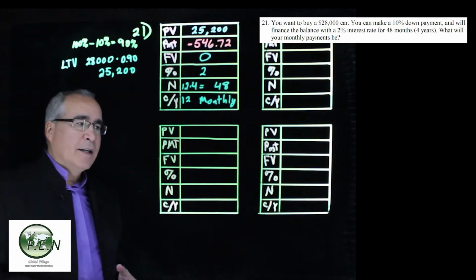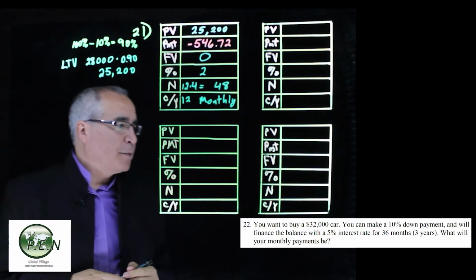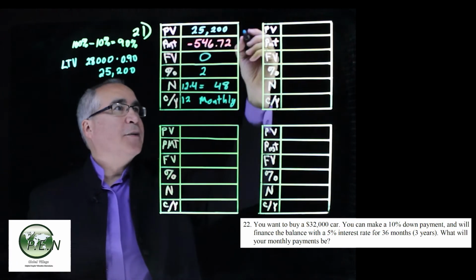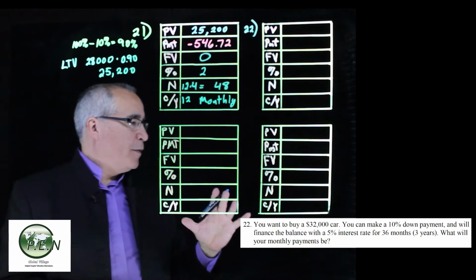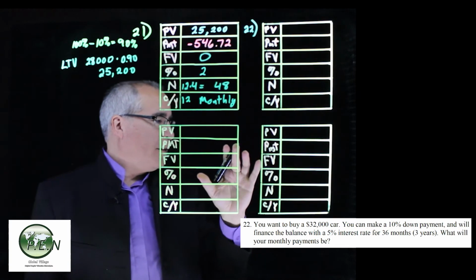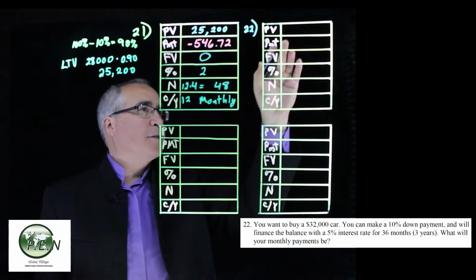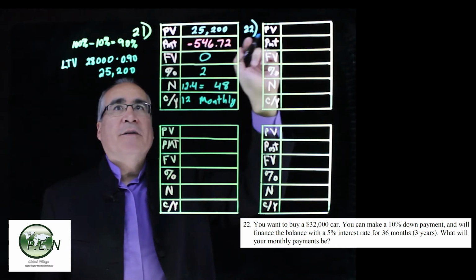Okay. Let's take a look at another similar type problem. Let's go to number 22. We've got the same thing. We've got a $32,000 car we want to buy with a 10% down payment. So we need to first of all figure out what our amount of loan, the present value, is.